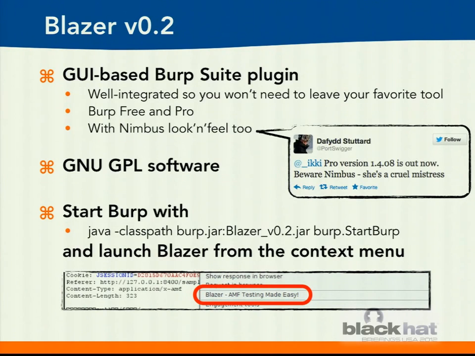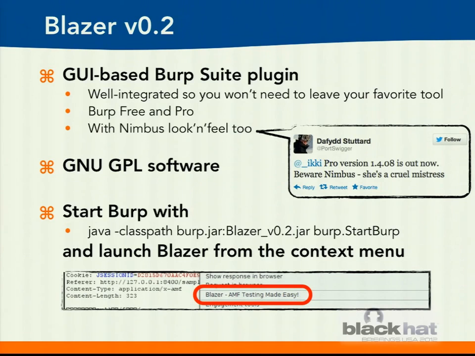It works for both the free version and the professional version of Burp, and it supports the fantastic new look and feel. It's released as GPL software, and I look forward to your comments, especially if you're interested. Check the code, because as usual, that's the best way to understand how all these things work.